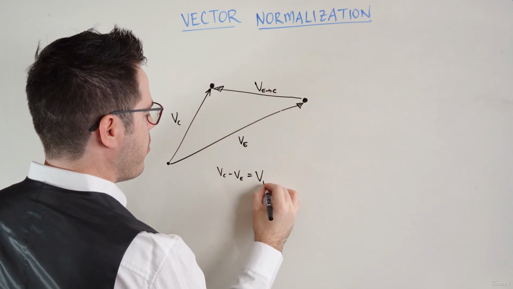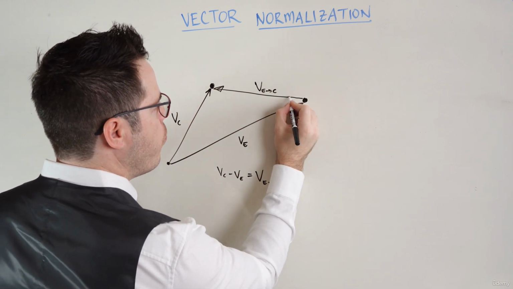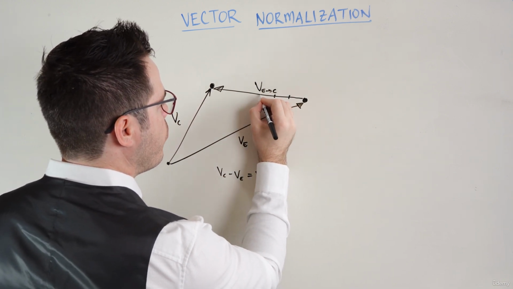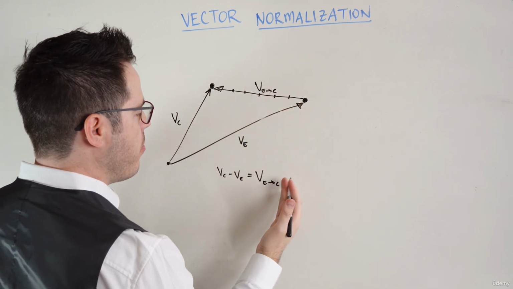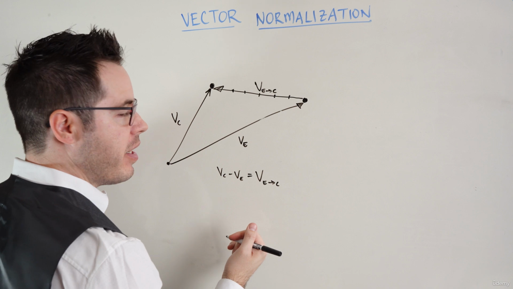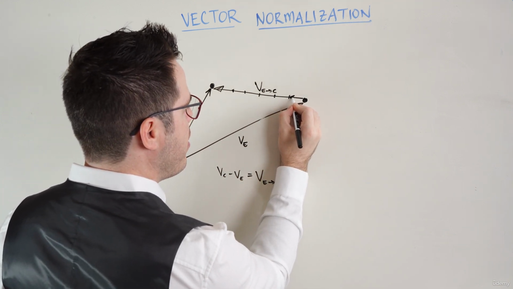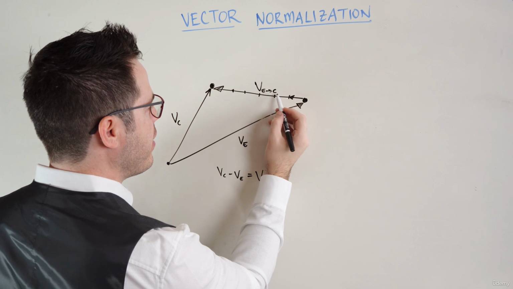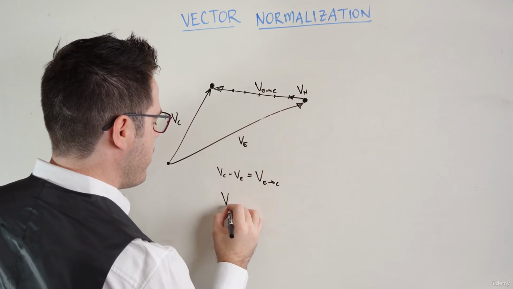V from E to C. Well, if we want to move our enemy 1 unit at a time, we need to normalize this vector. And we know that we can normalize this vector by dividing by its magnitude. In other words, this vector pointing in the same direction as v sub e to c, we'll call this v sub n, can be calculated as follows.